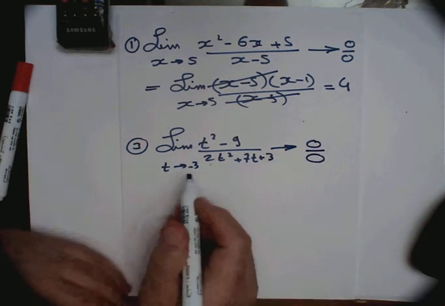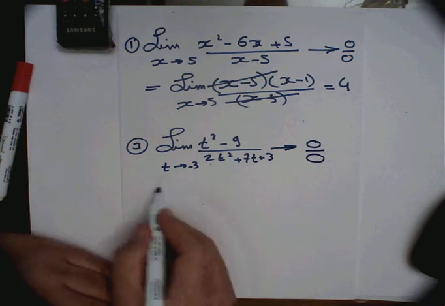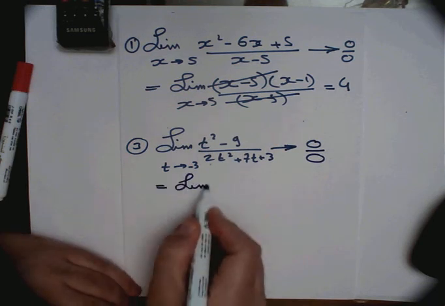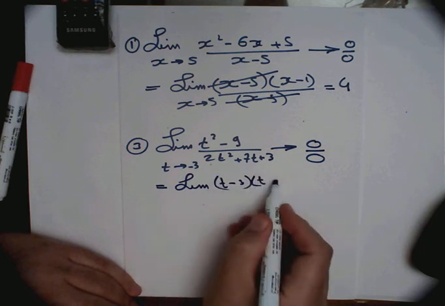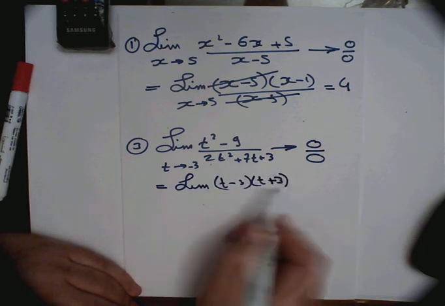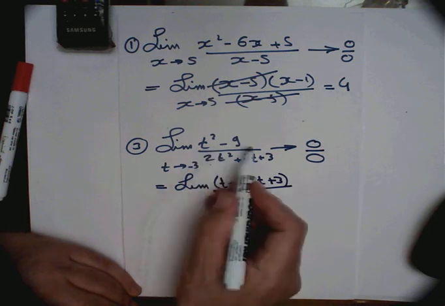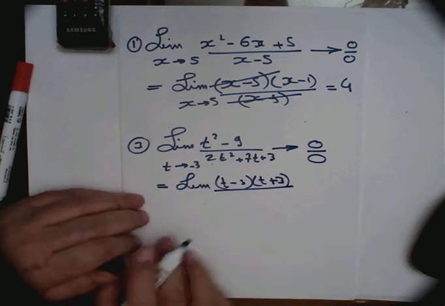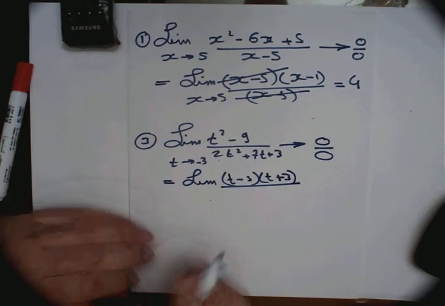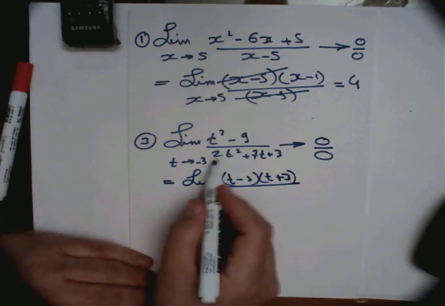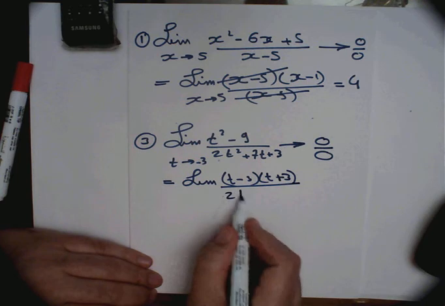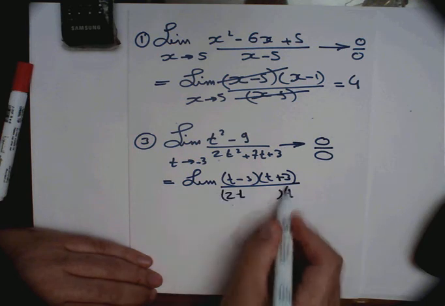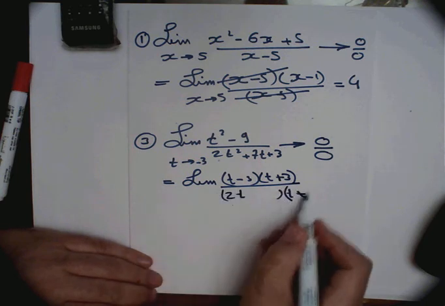Again, we can't decide this one, but factorize both numerator and denominator to obtain t minus 3 times t plus 3. This is called, if you remember, difference between two squares. We studied in our first lecture in the course. Now, with respect to denominator, 2t plus 1 times t plus 3.